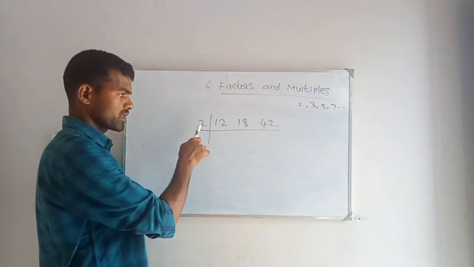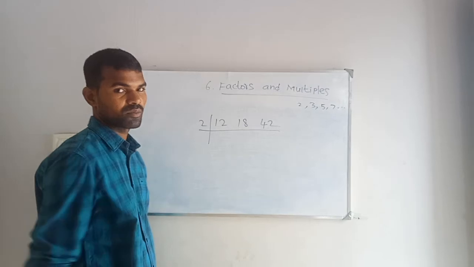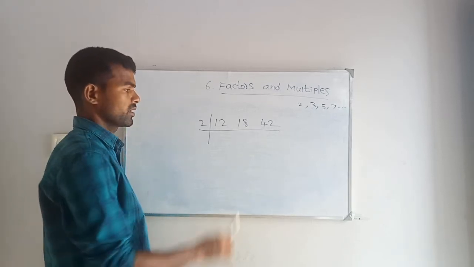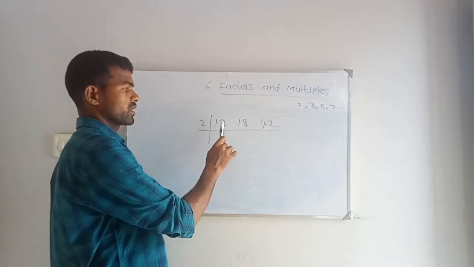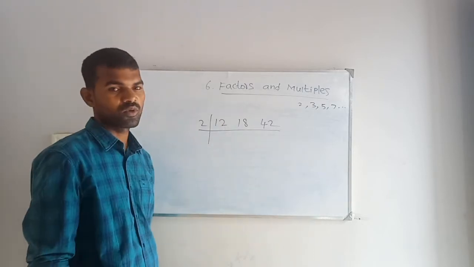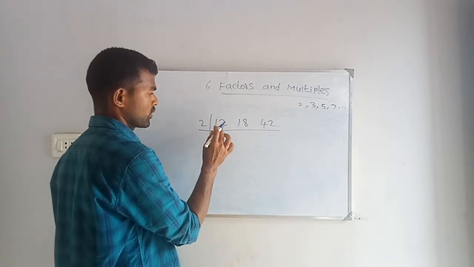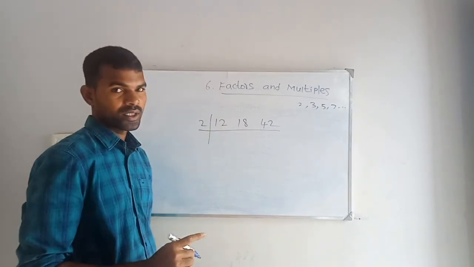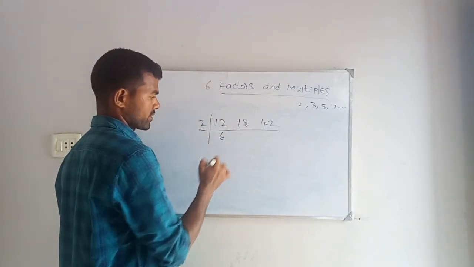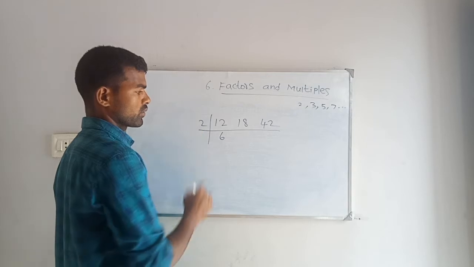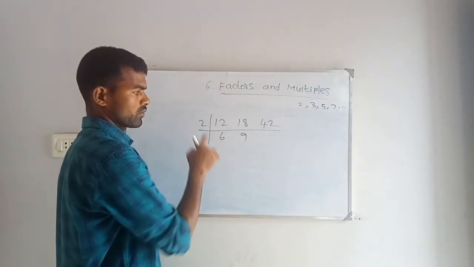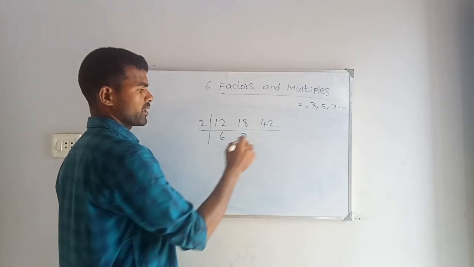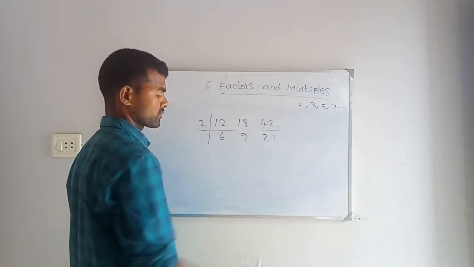The prime number must divide at least 2 numbers. So 12 divided by 2, quotient is 6. 18 divided by 2, quotient is 9. 42 divided by 2, quotient is 21.